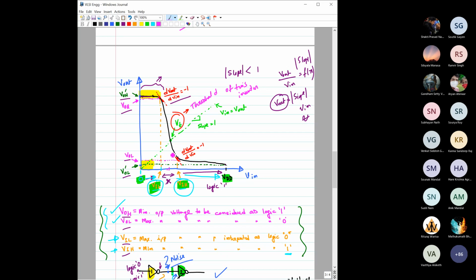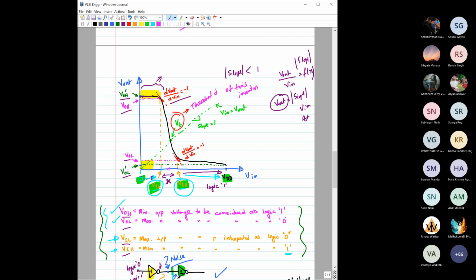If you give any input below this threshold, then for this inverter you are expected to get a logic high output. If you give any input beyond this VT, then you are expected to get a logic 0 output. That's how a threshold is defined for any digital logic gate.